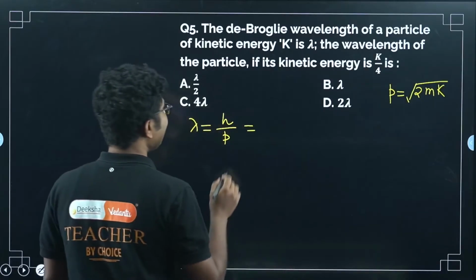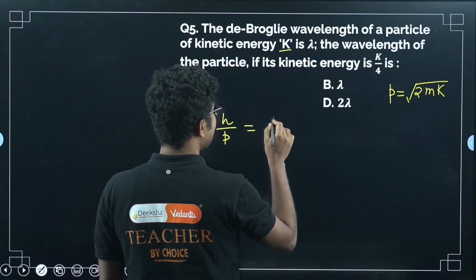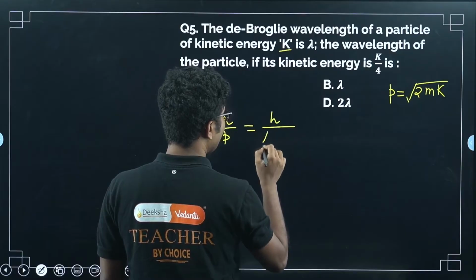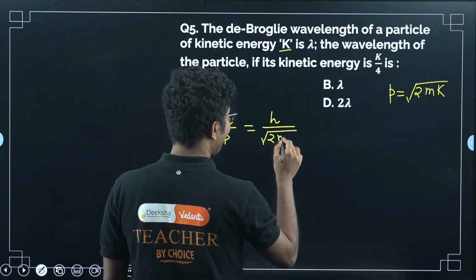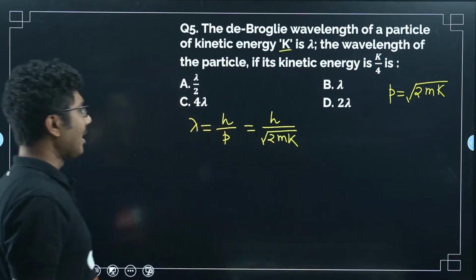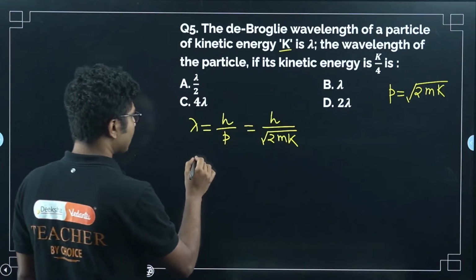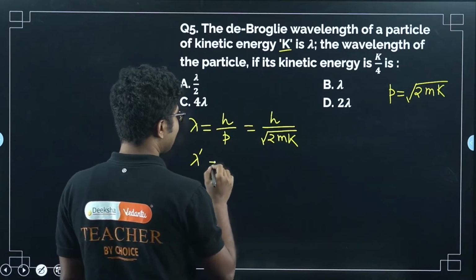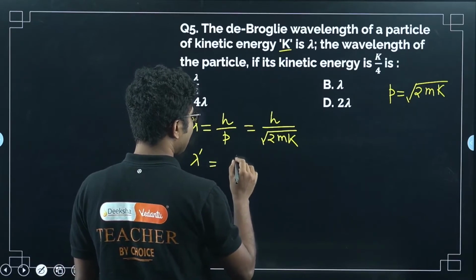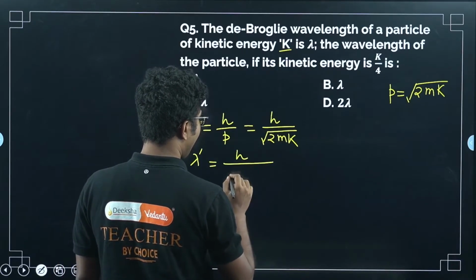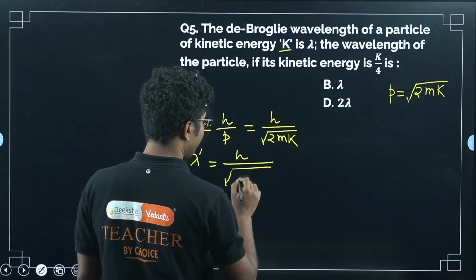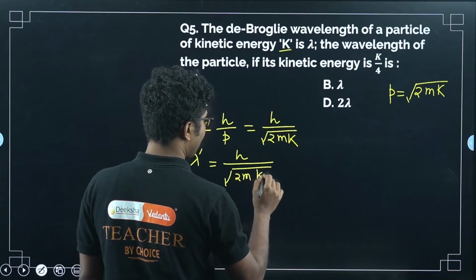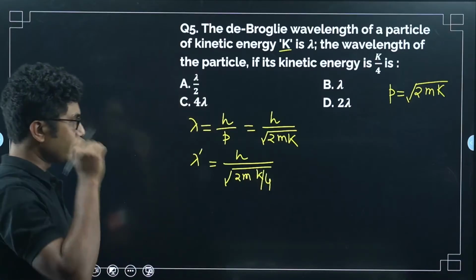So initially the kinetic energy is K, so we can write lambda is equal to h by square root of 2mK. Now for the second wavelength, say the wavelength is lambda dash. Now what is lambda dash? Lambda dash is h by square root of 2m times K by 4.